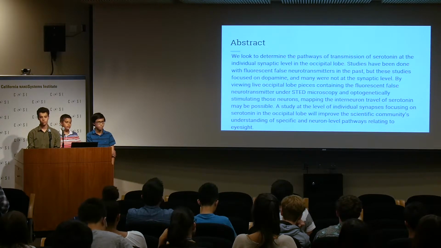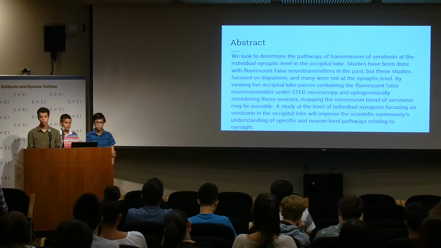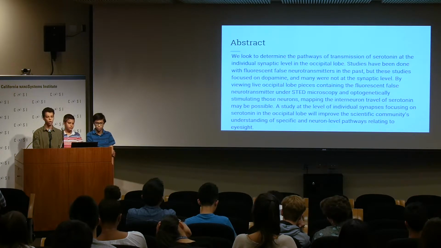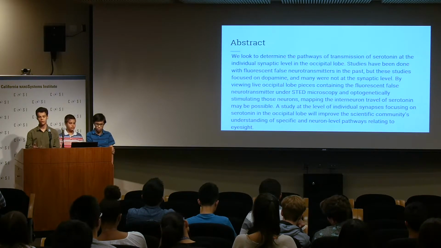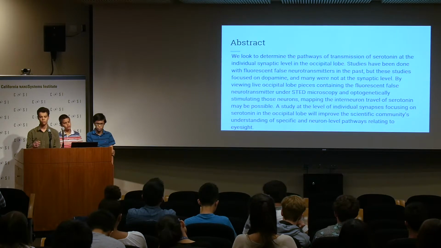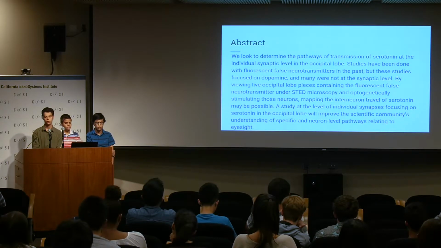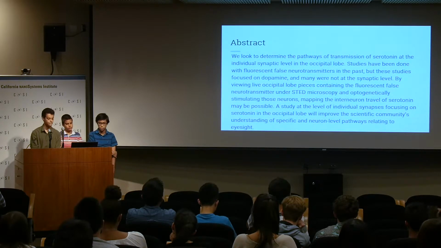So it can be imaged under confocal or STED microscopy, which was discussed earlier. We will also excite a neuron to watch how the pathway works in that sample of brain using optogenetics, which is a field of exciting neurons using light.